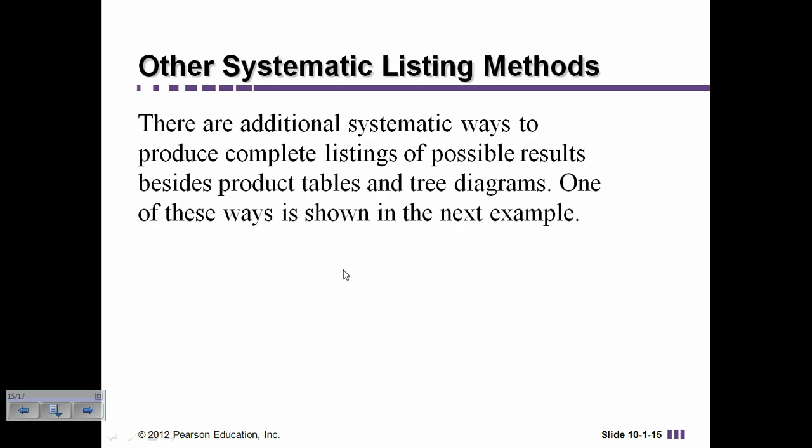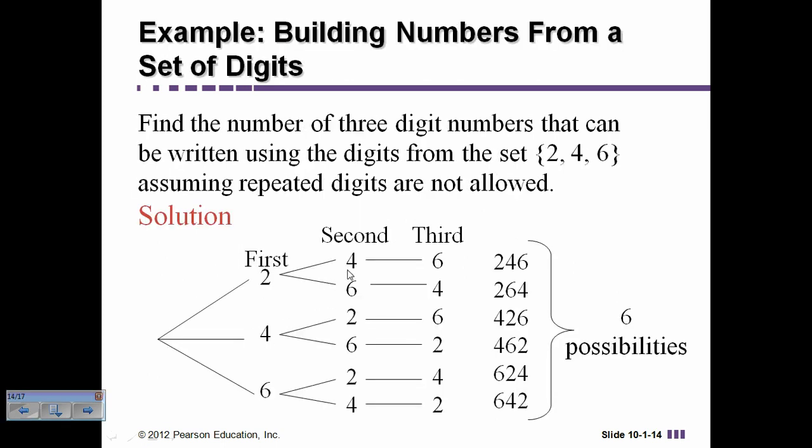So if I picked 4 for the second digit, then the only possibility for the third digit is 6. So what I end up with is there are 6 unique possibilities for 3-digit numbers that do not have digits repeated if I have the set 2, 4, and 6.